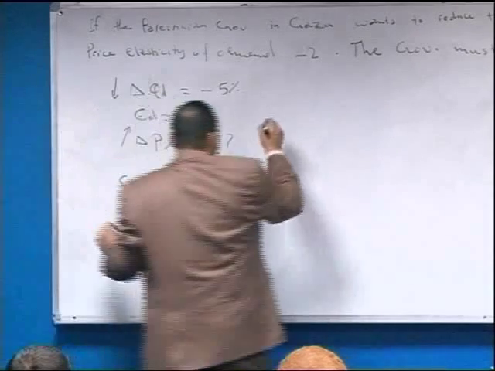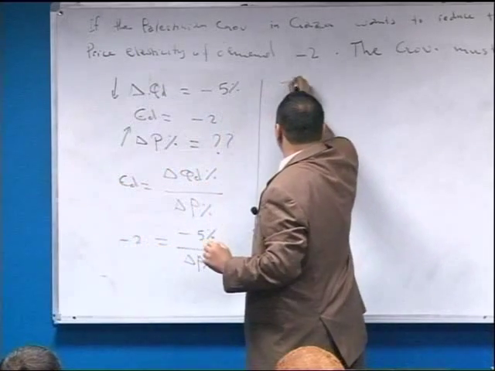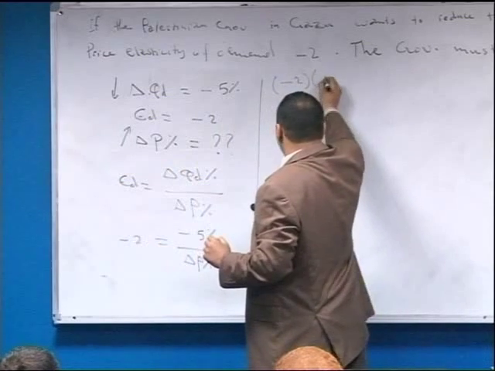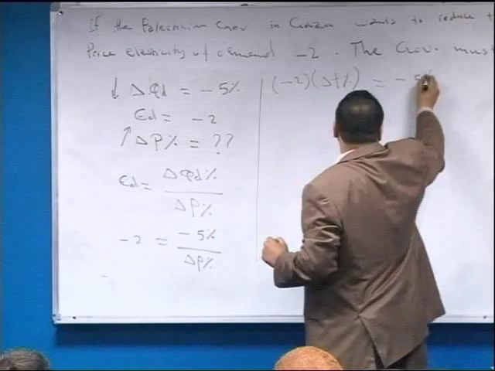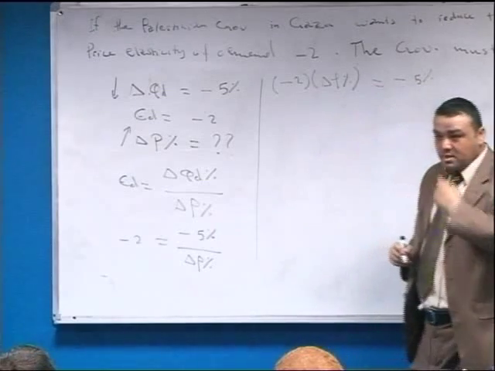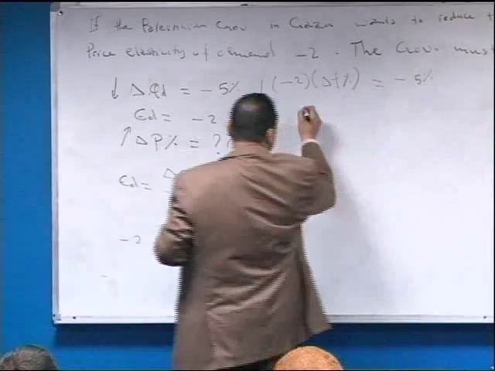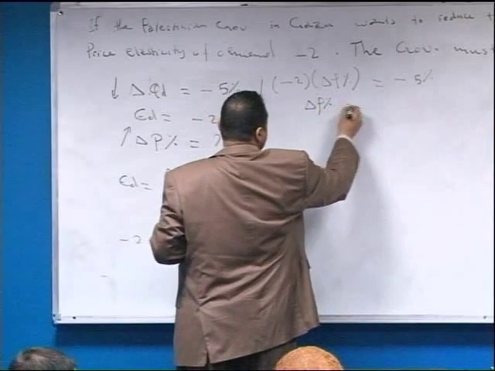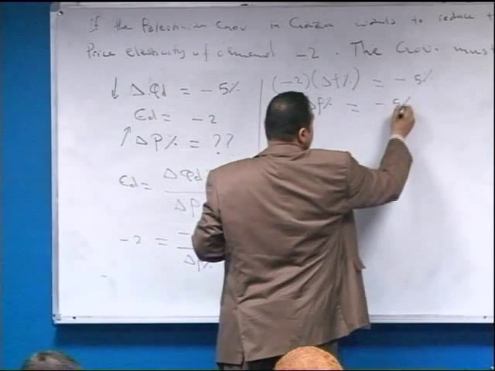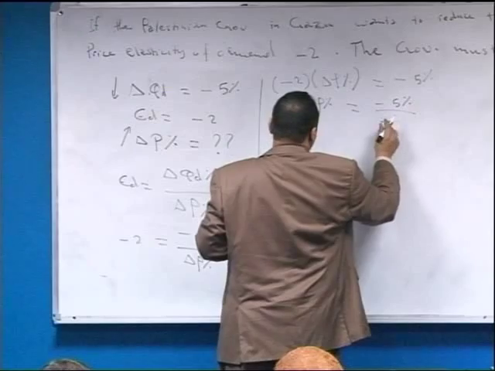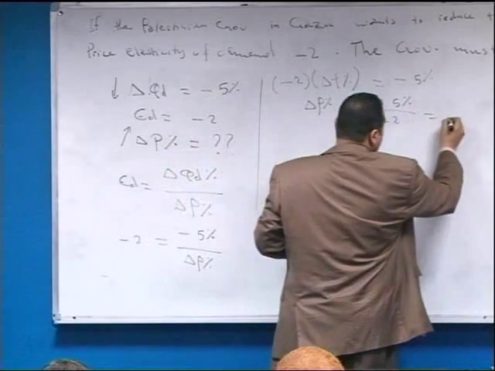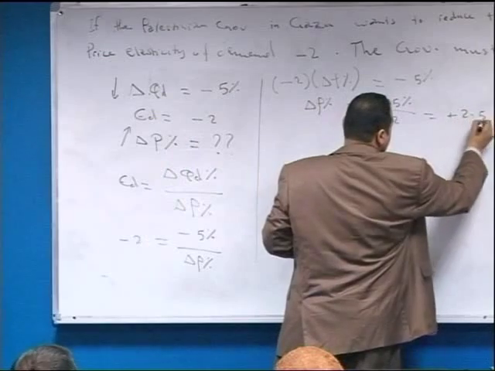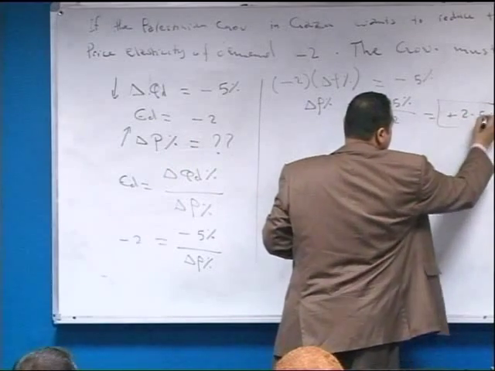So minus 2 times delta P percentage equals minus 5%. So delta P percent equals minus 5% over minus 2, so it would be positive 2.5%.